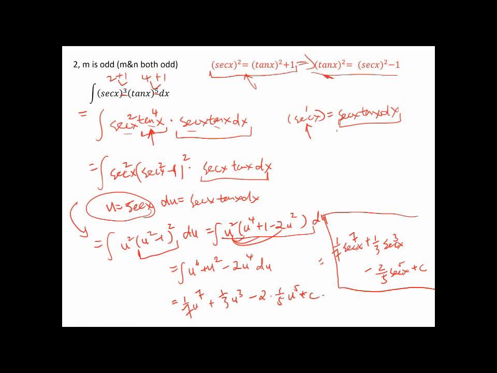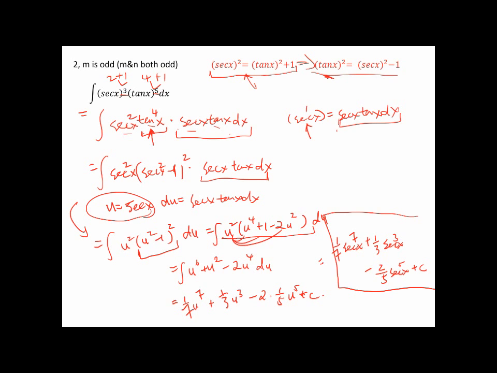I want to go back and review my method. It's pretty simple. As long as both secant and tangent carry odd powers, I separate one secant and one tangent out.